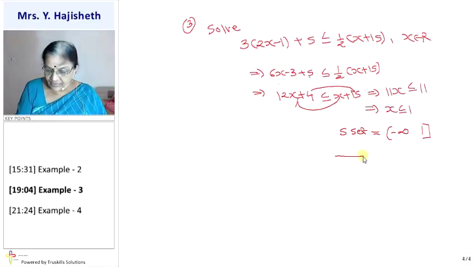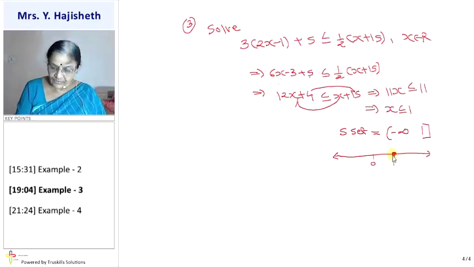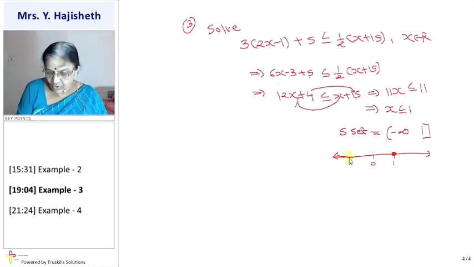If I want to represent them on the number line, this is 0, this is 1. So closed at 1, so solid point. Open at 1, then hollow point. Solid point at 1 and less than matlab on the left hand side.